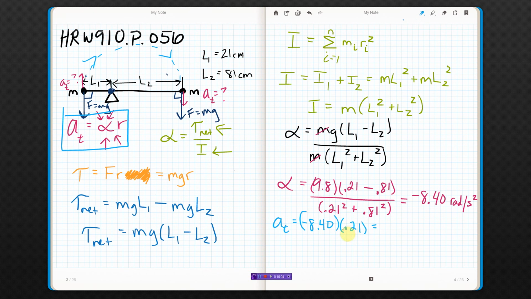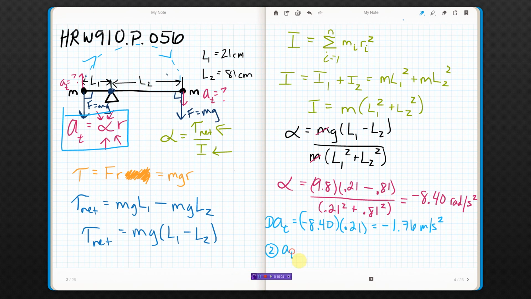Let's store that answer. There we go. Now I can multiply by 0.21, and I get negative 1.76 meters per second squared. And that was for particle 1. For particle 2, I do the same thing but with that radius.